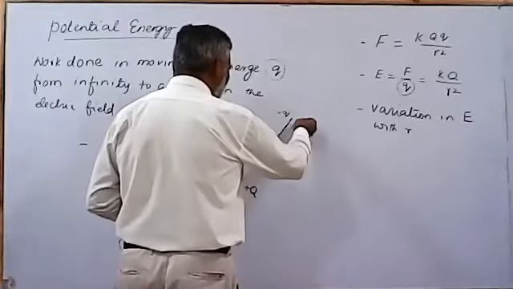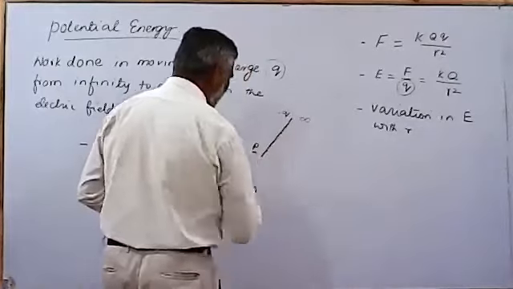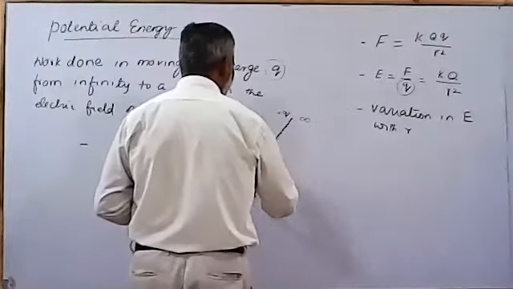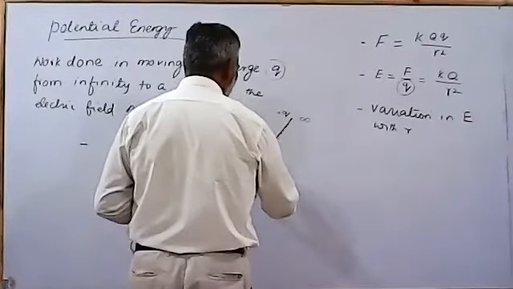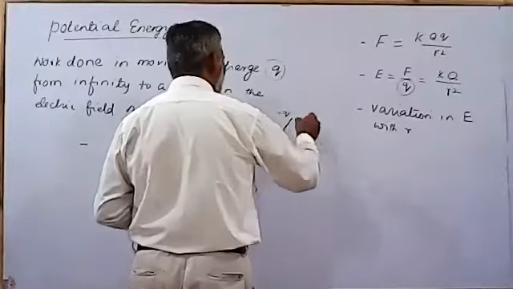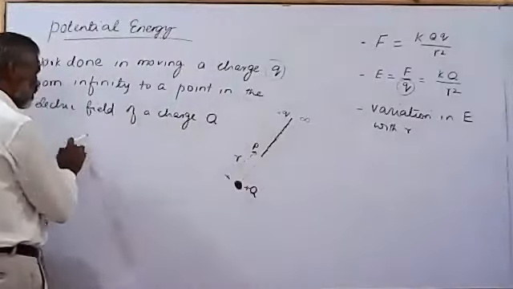You move this charge to this side, but the force is acting in the opposite direction. So this is the positive work done, because we have to apply a force in the direction in which we are moving. So this is a positive work done.